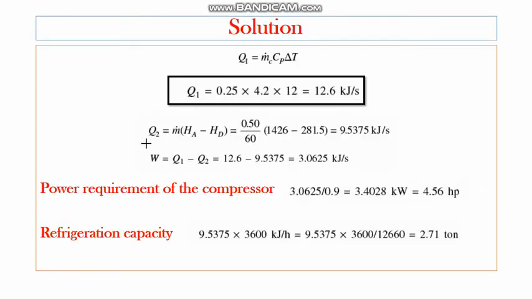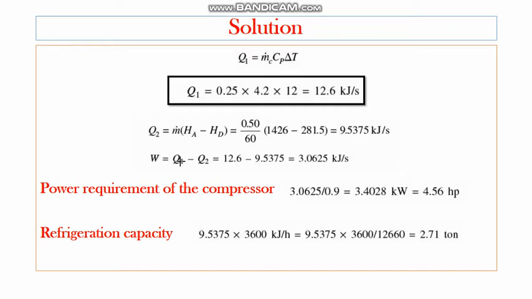Okay, we have a Q2. We have the formula for Q2. We know HA and HC, and HC is also equal to HD, so we know HA and HD, and the flow rate is also given. So using this formula, you can find Q2. Okay, we need the power requirement, so for that we find W, that is work done.